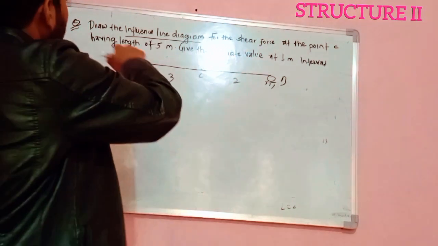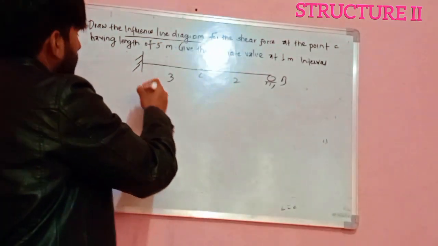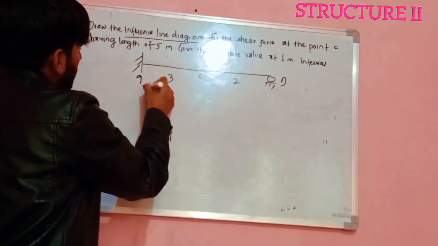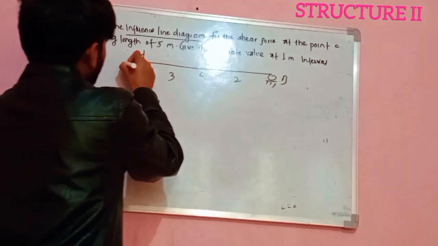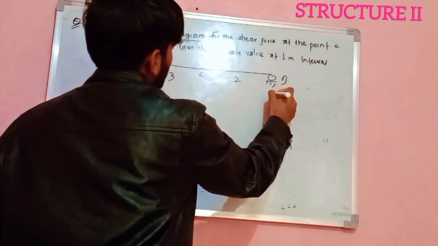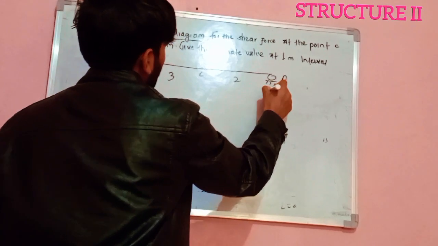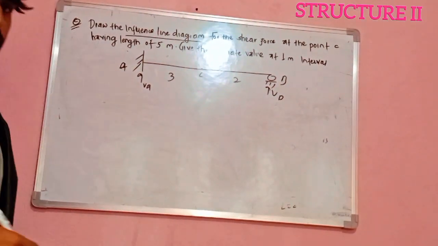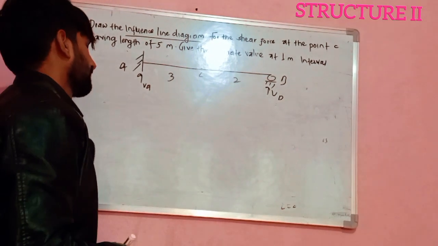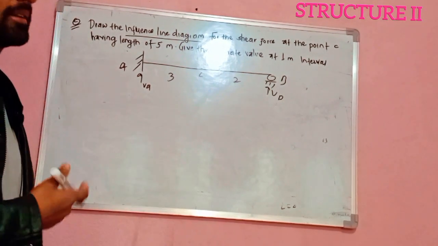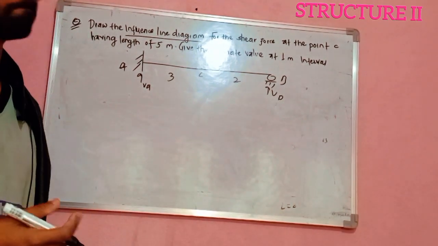So what we do is, first we find the influence line diagram due to the reaction at A, and due to the reaction at B, and then it becomes easy for us to calculate the ILD for the shear force at any point throughout the beam.